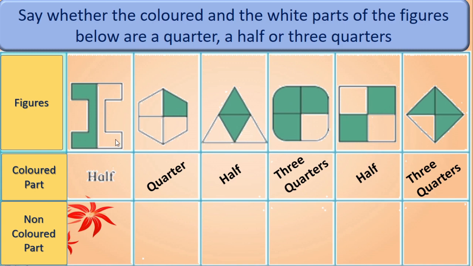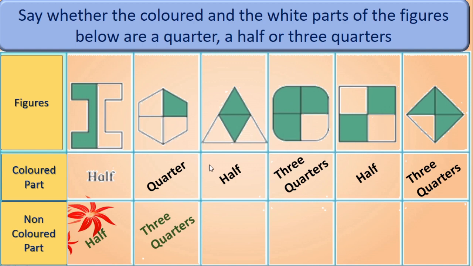See here. Non-colored part we have to observe. You have to ignore this colored part. Here see only 2. Out of that 1 is non-colored. So half. Here 3 non-colored parts we can see in this figure. So that is 3/4. Again see here. Quarter plus 3/4 together it became 1 whole.